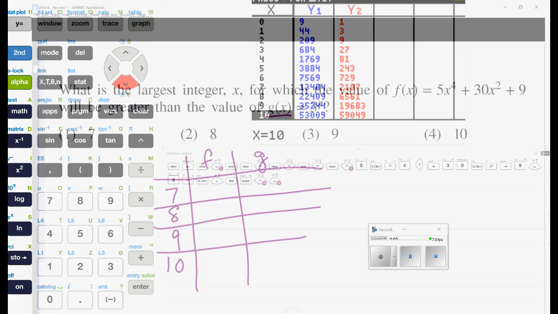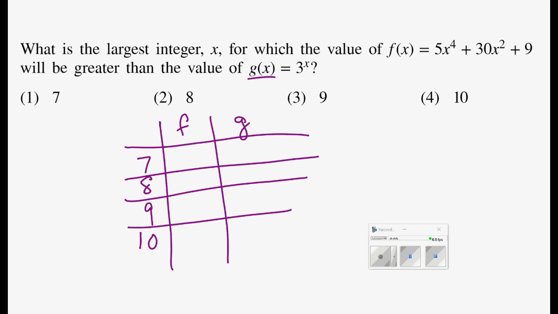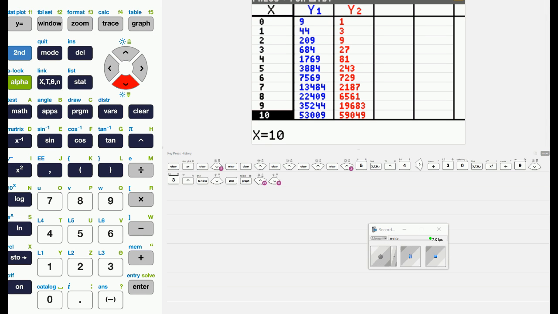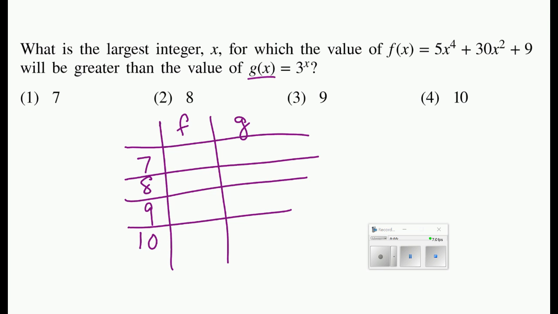So the question says, what is the largest value for x when f is bigger than g? 7, 8, it's still bigger. 9, it's still bigger. 10, though, the second function's bigger, so 9 is the answer. 9 is the largest value because at 10, g wins. Exponential functions will always outpace everyone else. They eventually will get bigger than everyone else.